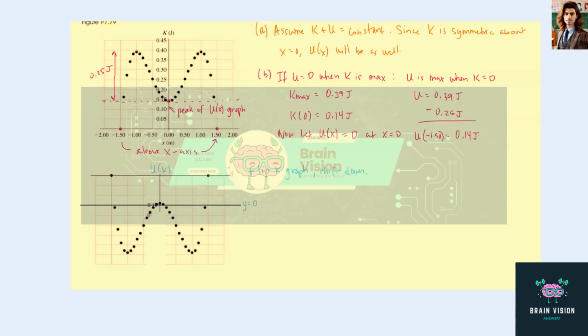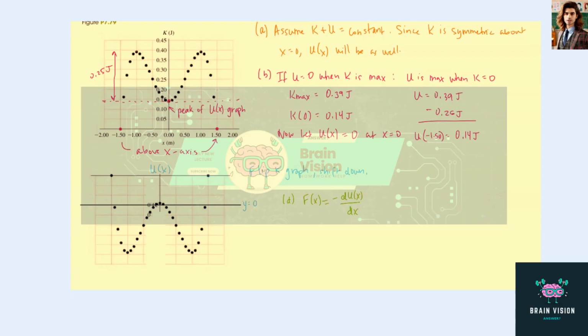And now we are asked, at what values of x is F equals 0? Well, we need to remember for this part that we can find F of x with negative dU/dx. So our force is found with the negative derivative of our potential energy function.